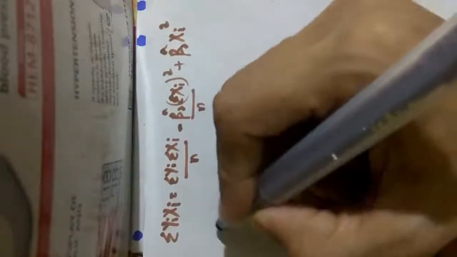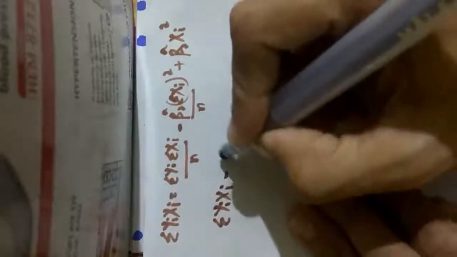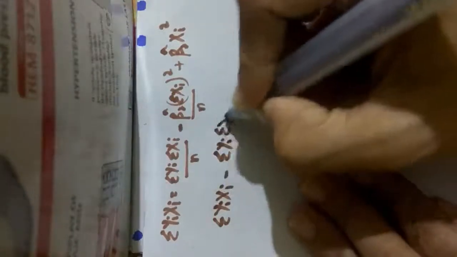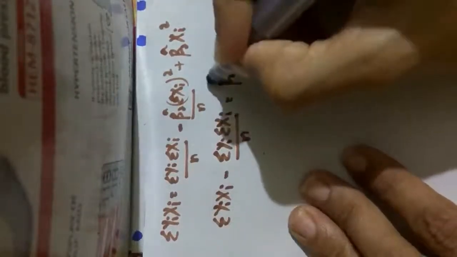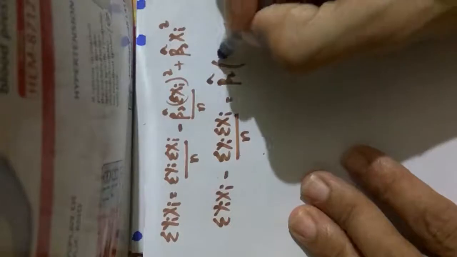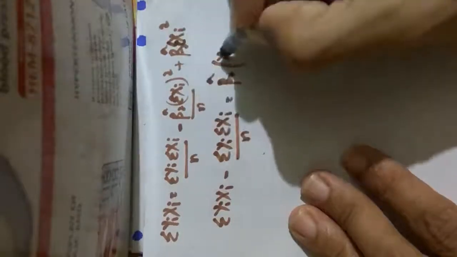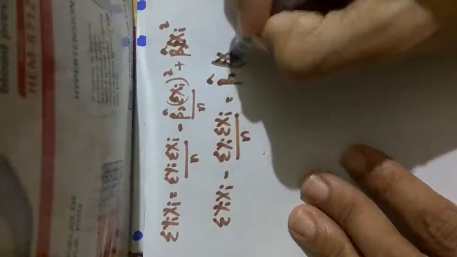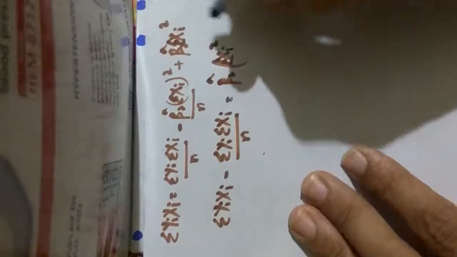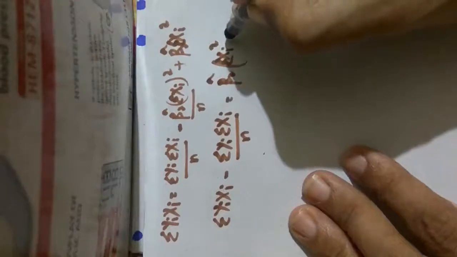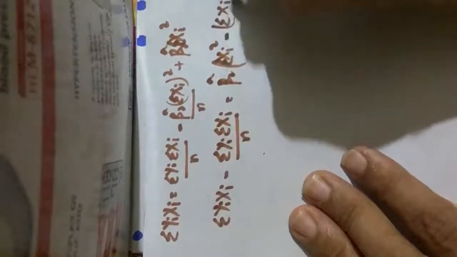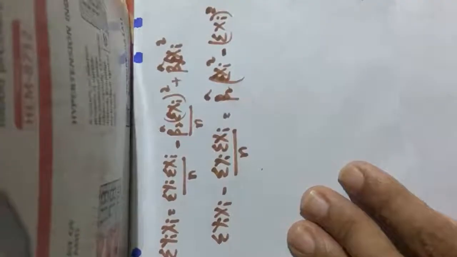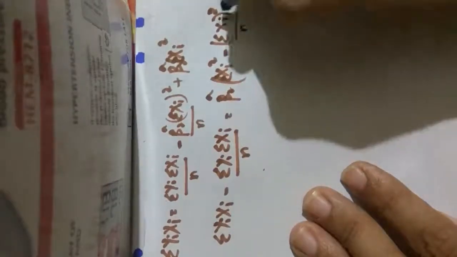So I'm going to keep it like this: summation yi xi minus summation yi into summation xi by n is equal to beta 2 hat of summation xi square minus summation xi whole square by n.